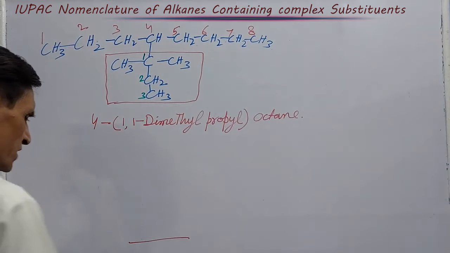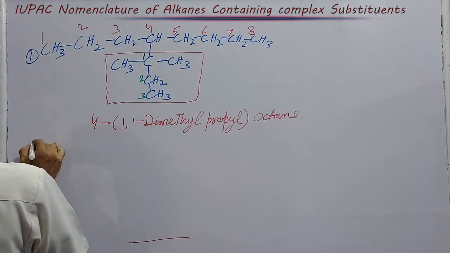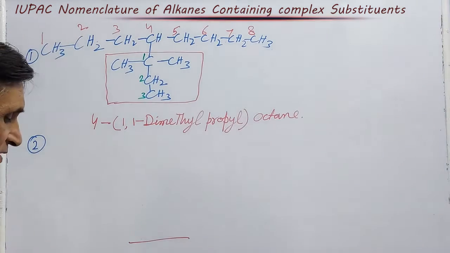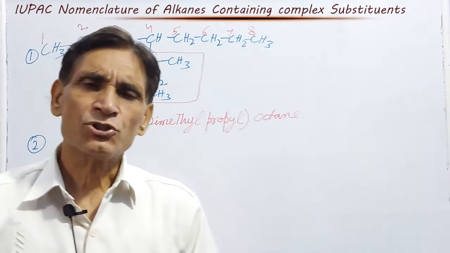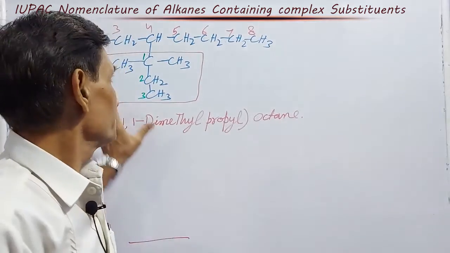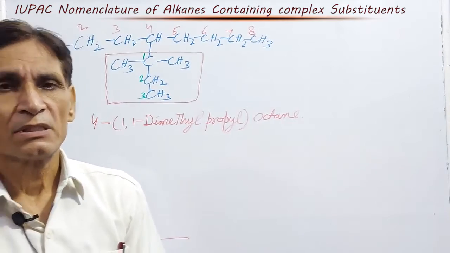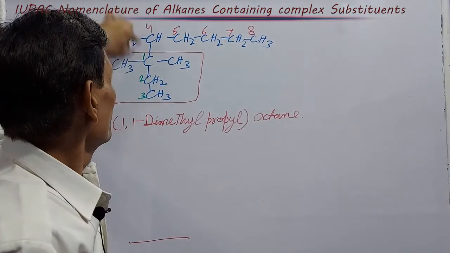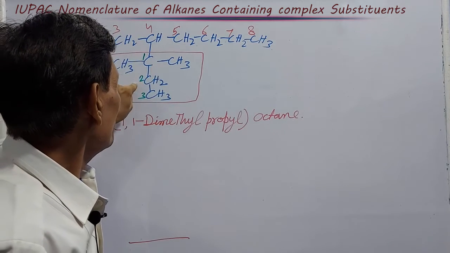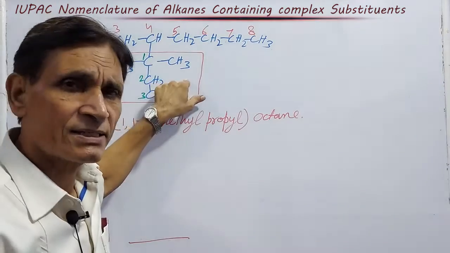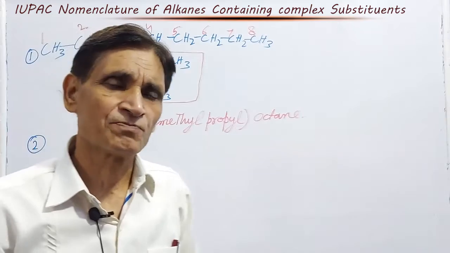Now the next rule. If the complex substituent present in the parent chain has more than one carbon substituted, there may be 2 carbons substituted, then you will not be confused. The same method you will follow.